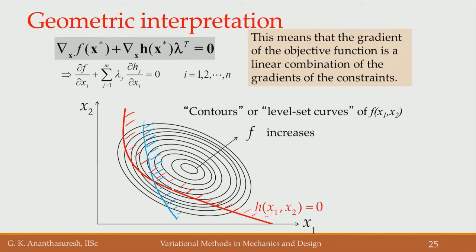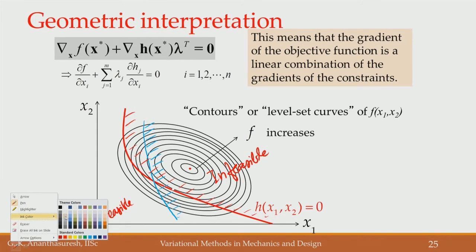So, for this f, which has a clear unconstrained minimum over there, unfortunately that is in the infeasible space. This side is feasible, this side is infeasible. So, on the feasible side we have to see where the optimum lies. Graphically, if you look at it, I take the green color.